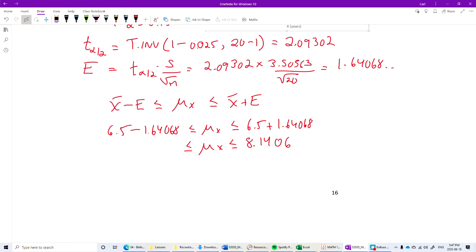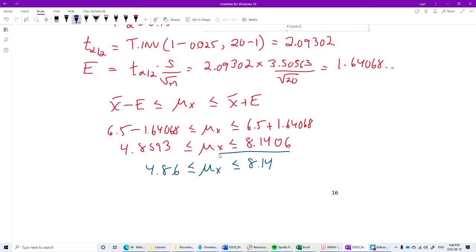And here I'm going to do 6.5 minus that number. So I get 4.8593. And finally, I'm going to do my rounding here. I'm adding a digit after the decimal point. 8.6.